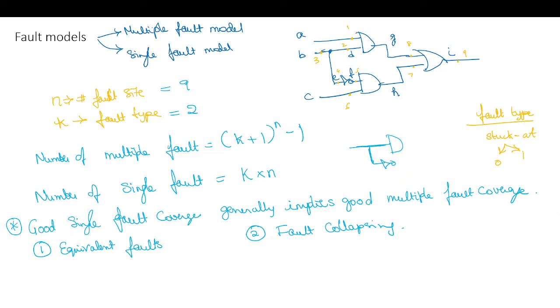This one I am considering as one fan out stem. So I have taken F0 as 1. Is it clear? This is branching out to 2. So this is one of the fan out stems. So I am considering F0 as 1.